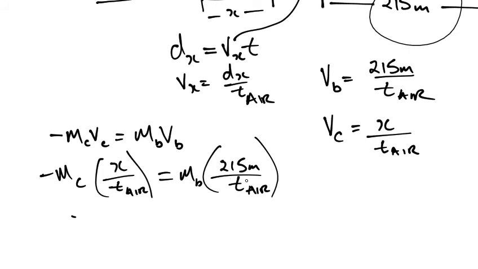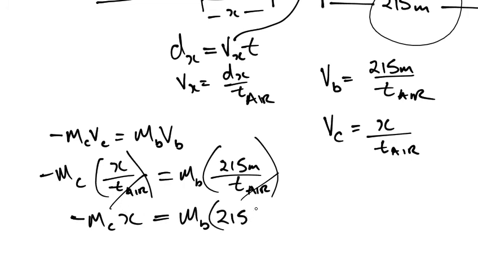But we know that t air is the same. Sorry, my math decisions were incorrect. Let's just multiply both these sides by t air, and t air disappears. And now we've got negative mcx. Still the right track, just the wrong idea. And times 215. And now we can solve for x.